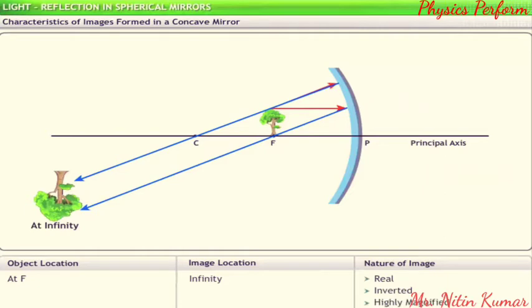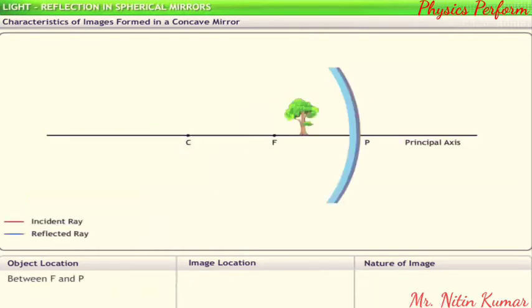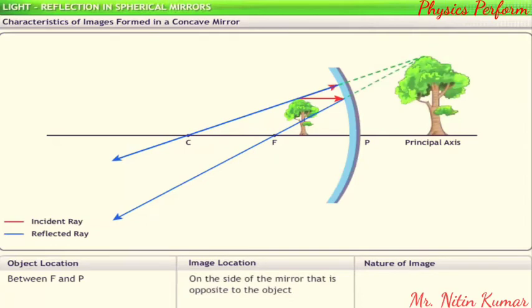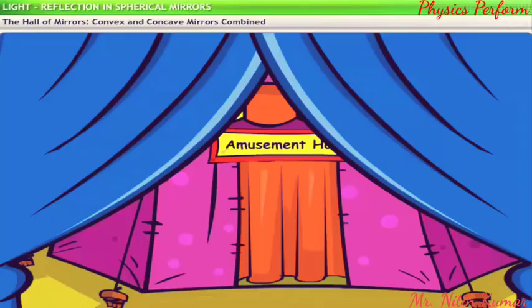This image is real, inverted, and highly magnified. When the object is placed between the principal focus F and the pole P, the image is formed on the side of the mirror that is opposite to the object. The nature of this image is virtual, erect, and magnified.